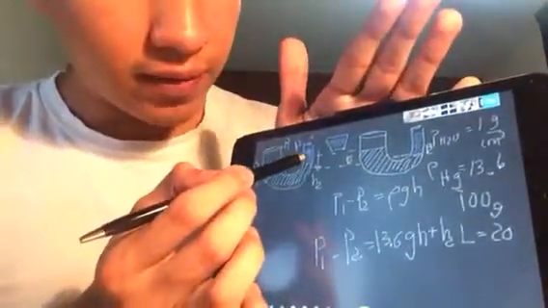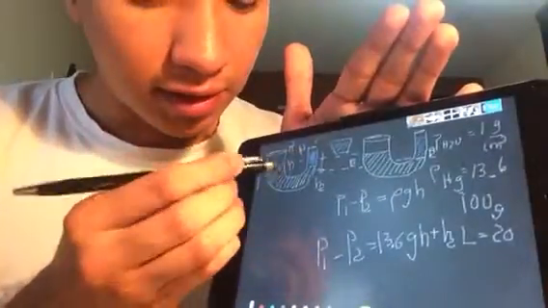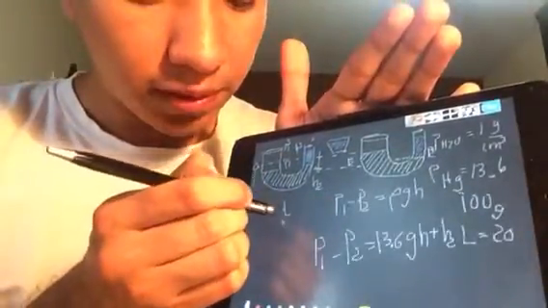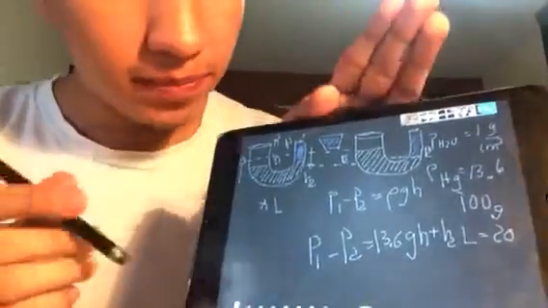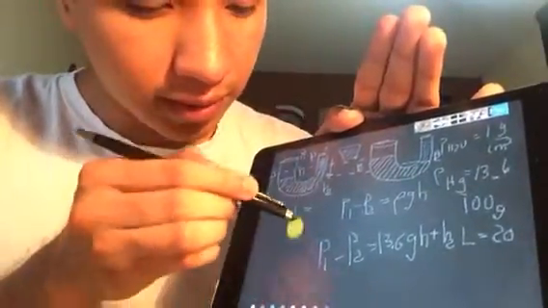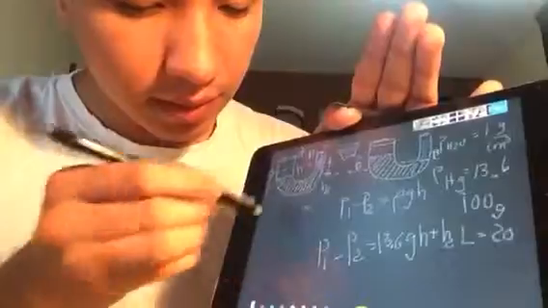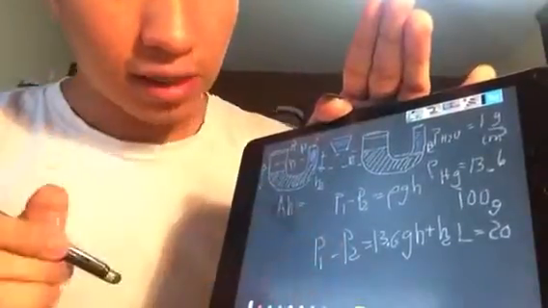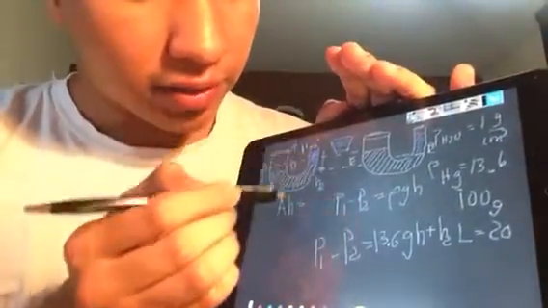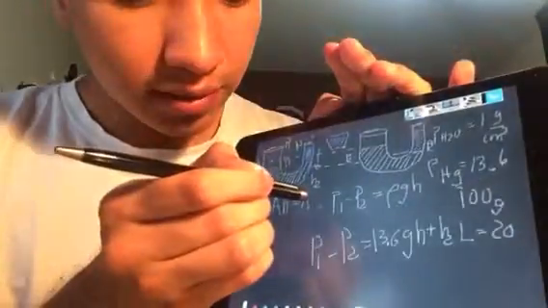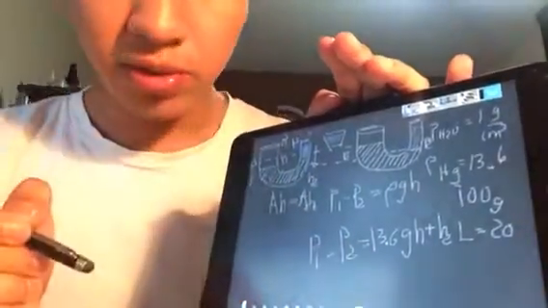We have another formula. Here we have a certain distance that is going to be L, which we already know, and a certain area A. The area A times h must be equal to this area A2 times h2.